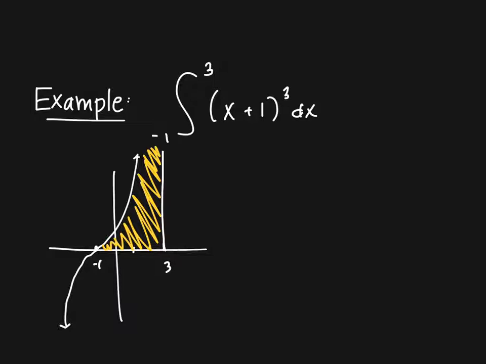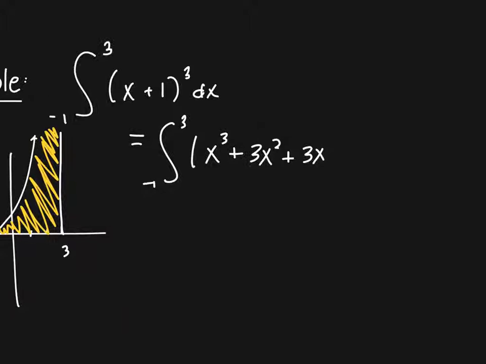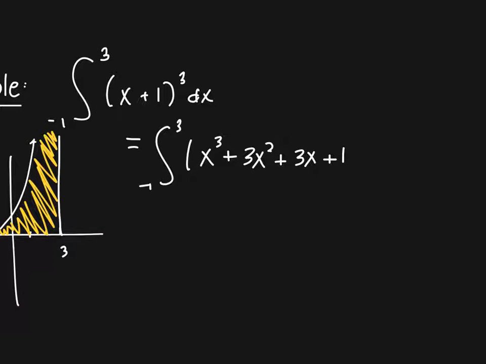So you're going to have this expanded to the integral of x cubed plus 3x squared plus 3x plus 1. So you want to do a little bit of your algebra first before your calculus. In this case it was beneficial to do some algebra first. Then you can use the power rule on each term individually.